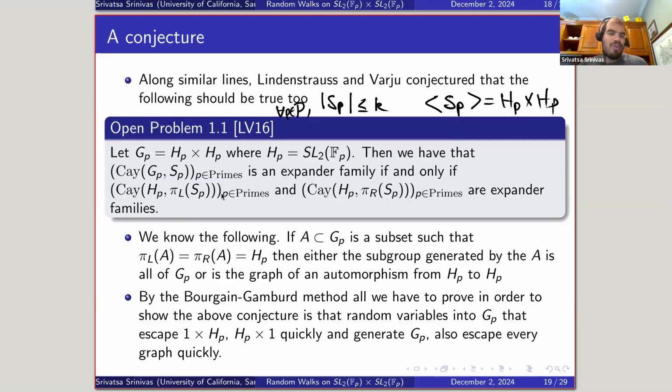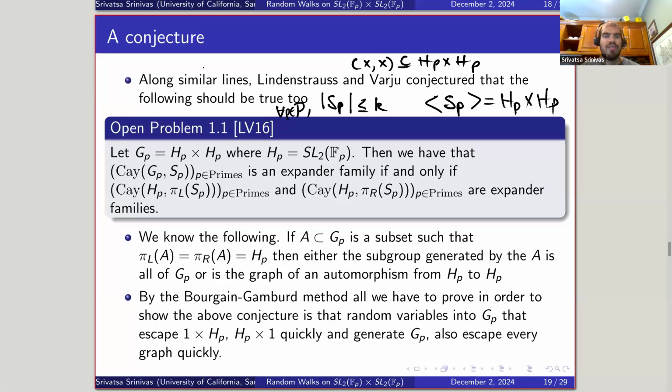Okay, so why does this problem make sense? Well, if A is a subset of GP such that the projection onto the left and the projection onto the right is HP, that is, it projects fully onto the left and fully onto the right, then either the subgroup generated by A is all of GP, or is the graph of an automorphism from HP to HP. All right, that makes sense, right? So if you take the diagonal group that's trapped inside HP cross HP, then this projects fully onto the left factor, projects fully onto the right factor, but obviously it does not generate the group.